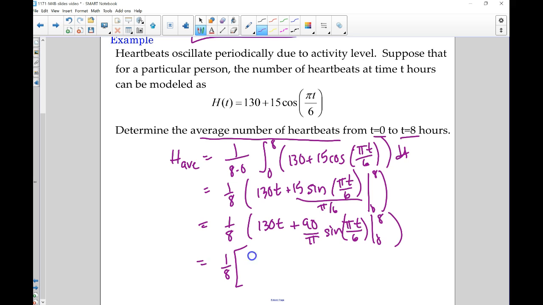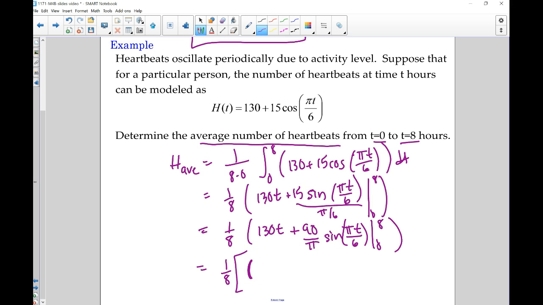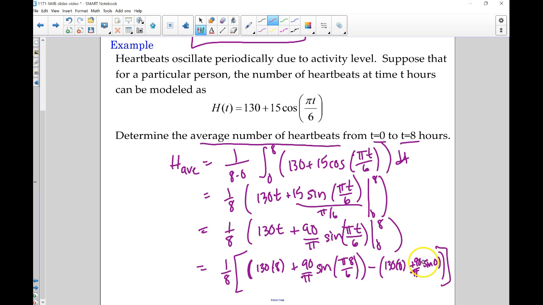This is going to be 130 times 8 plus 90 over pi sine of pi 8 over 6. All of that minus 130 times 0 plus 90 over pi sine of 0. So this whole last term drops out, because sine of 0 is 0 and 130 times 0 is 0.